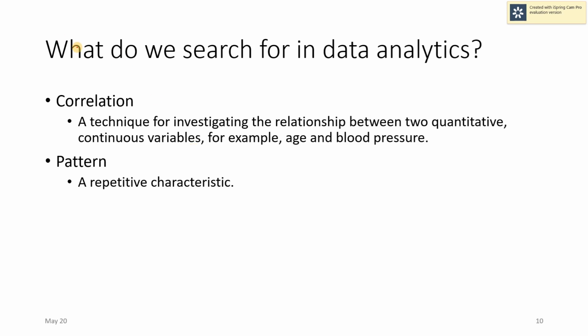Next is, what do we actually search for in data analytics? First is correlation, whether there is any relationship between, for example, 2 quantitative or continuous variables, such as age and blood pressure. Is there any correlation based on our data analytics?